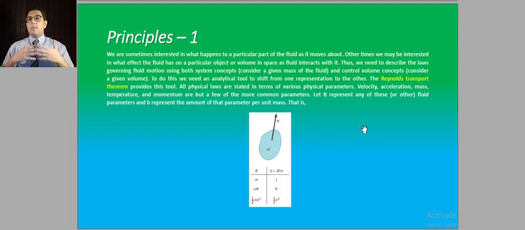Here we need to describe the governing fluid motions in both system concepts, which are the system and the control volume. There's a connection between these two, the system and the control volume, which uses a tool called the Reynolds transport theorem, which describes physical parameters such as velocity, acceleration, mass, temperature, and momentum.